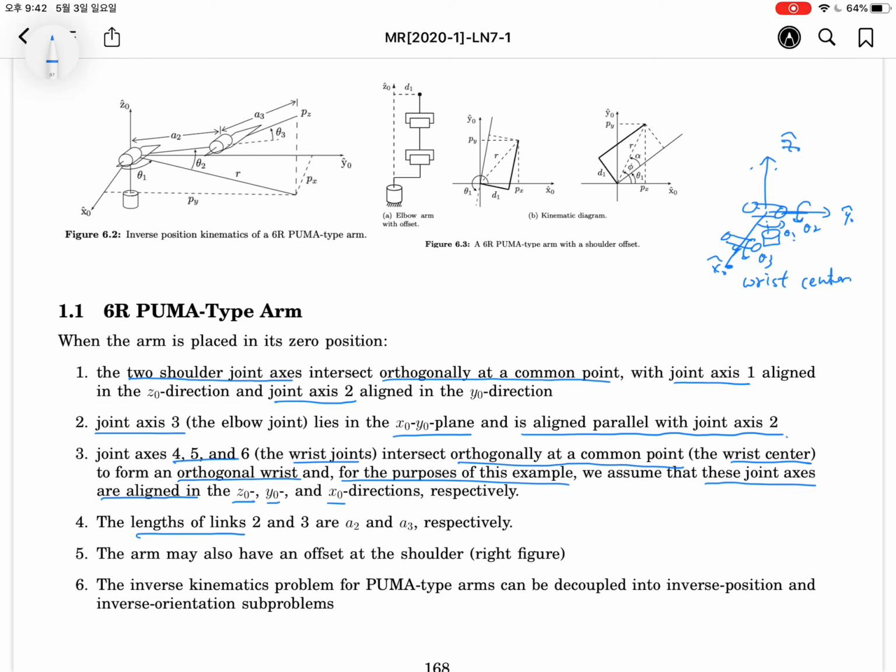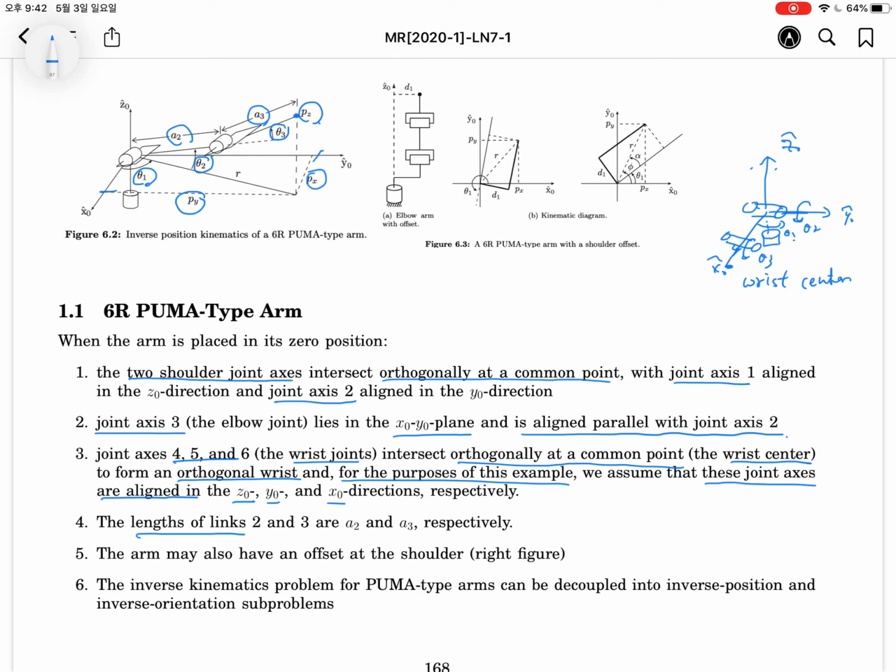Okay, and the lengths of links 2 and 3 will be denoted by A2 and A3, and the joint angles are denoted by theta 1, theta 2, and theta 3. This point is the wrist center, with x-axis px, y-axis py, and z-axis pz.